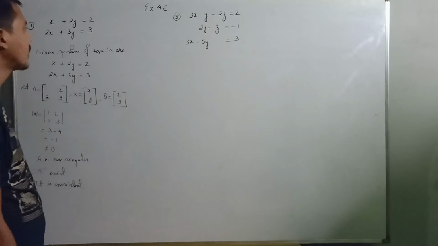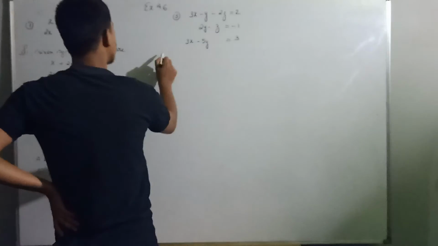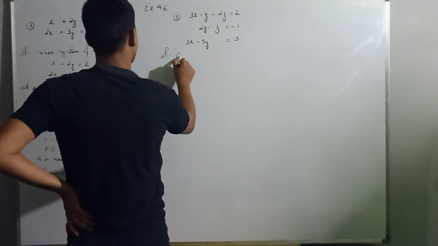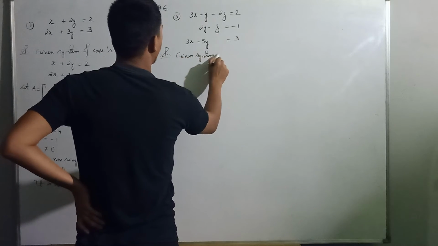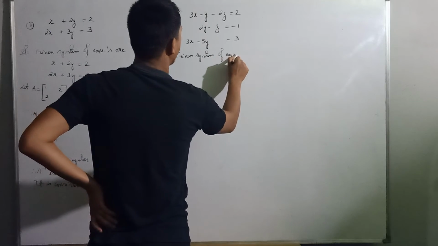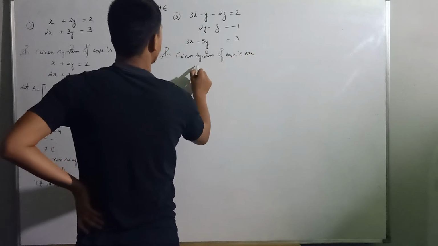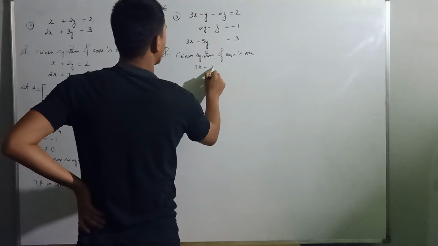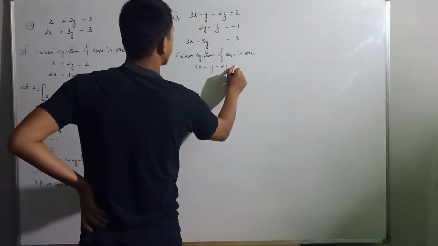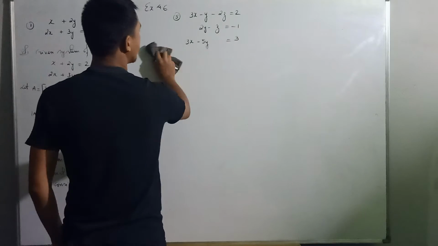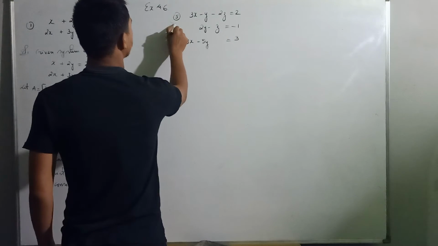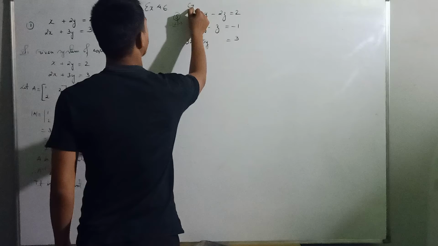Now, for question number 5, the solution: given system of equations are 3x minus y minus 2z is equal to 2. I need not repeat writing it again.